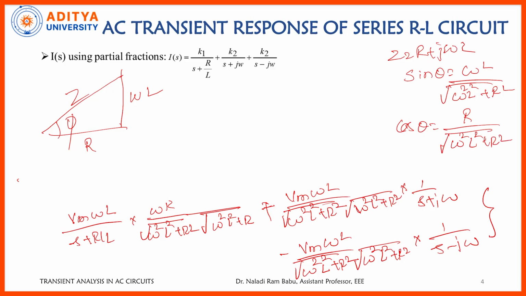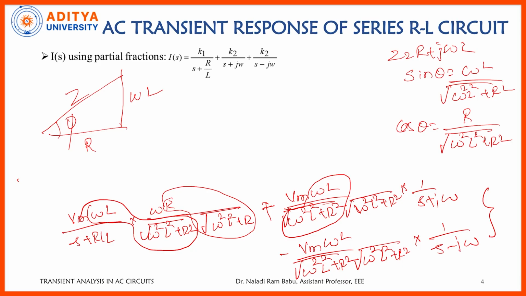Now I am converting this part, see here, omega L, this part, omega L by omega square L square plus R square, it will be in the form of sin theta, and this part also sin theta, and where is R? R is here, okay, it is in the form of cos theta, okay.